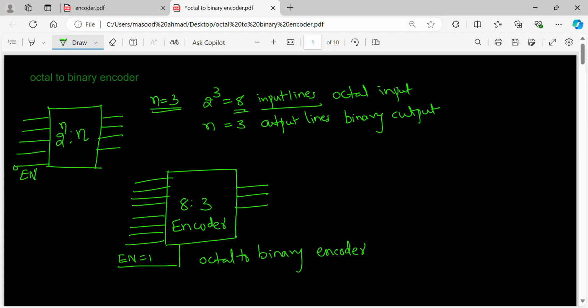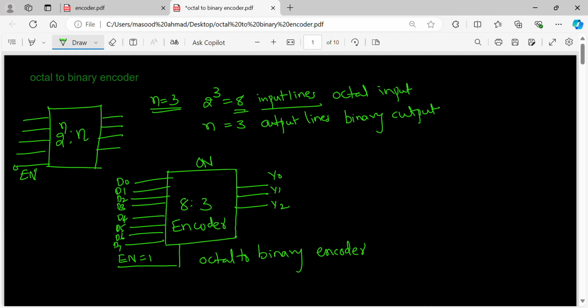The inputs are data lines D0, D1, D2, D3, D4, D5, D6, D7, and the output lines are Y0, Y1, Y2. When enable is 1, this device is on. The encoder is on.